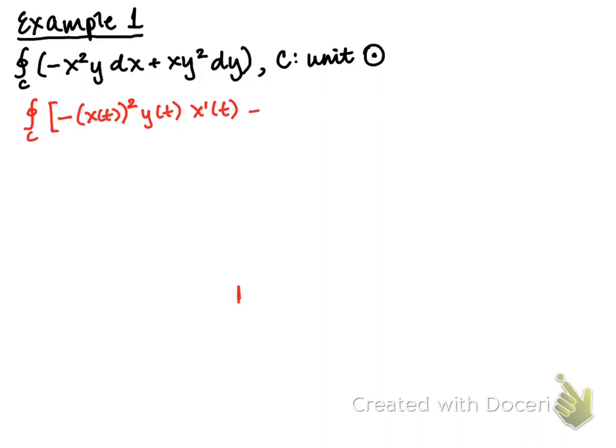And then I'd have plus x of t y of t squared y prime of t dt.